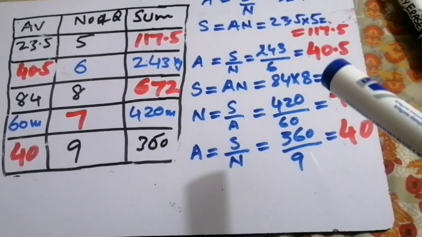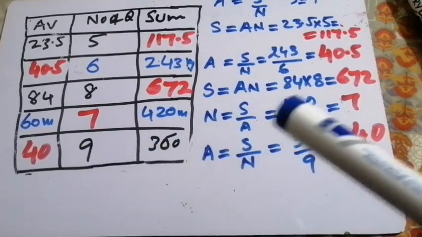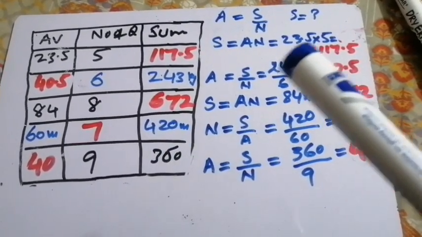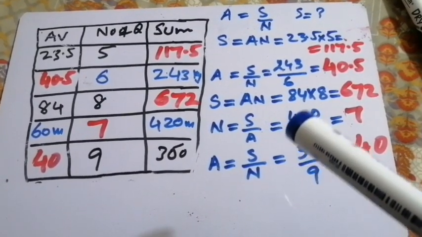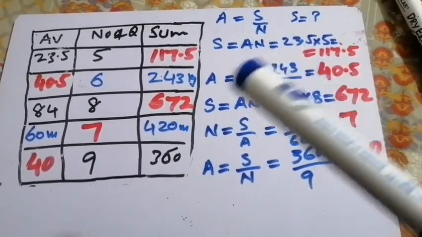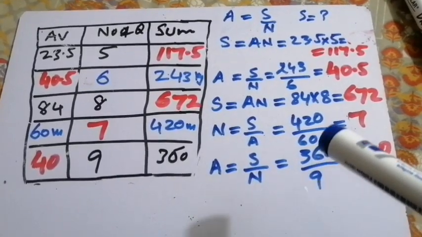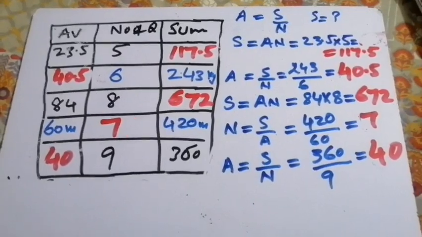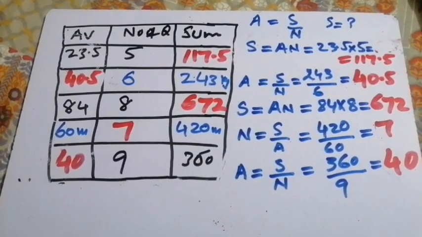These are the values, and we will put them in the table, and this table will be completed. So we have calculated the average, sum and number of quantities. In this question, these three are called the variables, which are going to change. So we have to find out the values of all these, and that is the end of exercise 9.1.